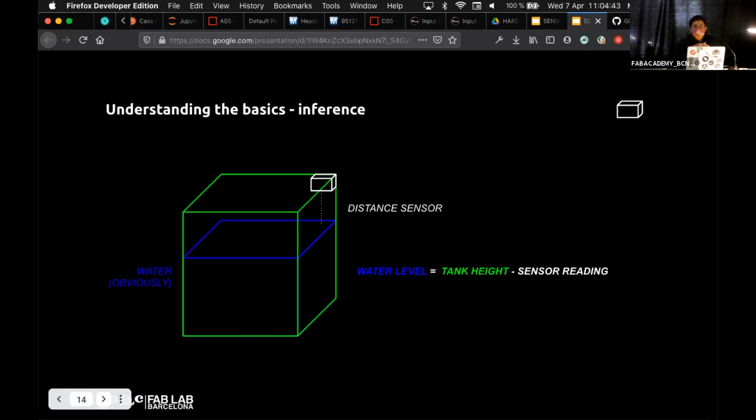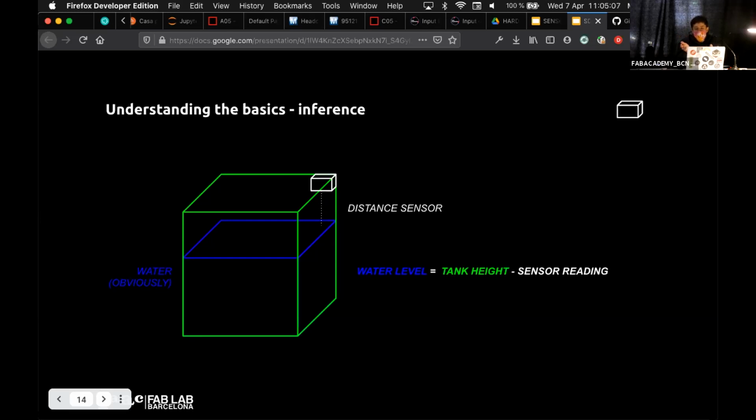What we do is, for instance, we measure the distance from the top of the tank to the actual surface, right? This is this idea of inferring what we actually want to measure from a derived metric or another sensor that we use for it.